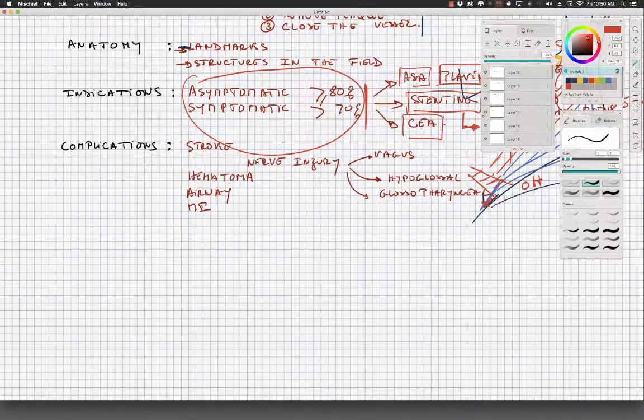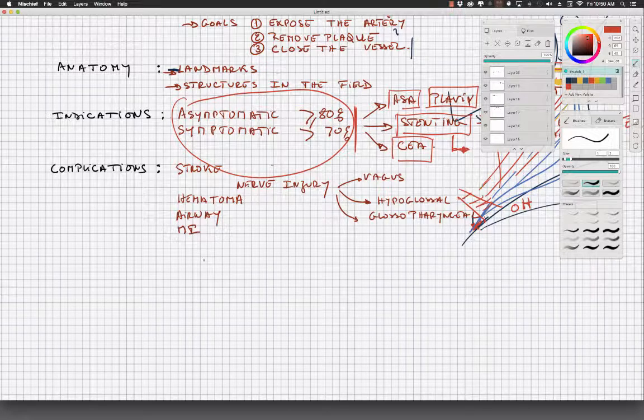Finally, the common complication associated with the procedure: stroke, hematoma, cranial nerve injury, the most common. You know your anatomy, so that would be vagus, hypoglossal nerve, or glossopharyngeal nerve. Then the complication inherent to the anesthesia: airway.